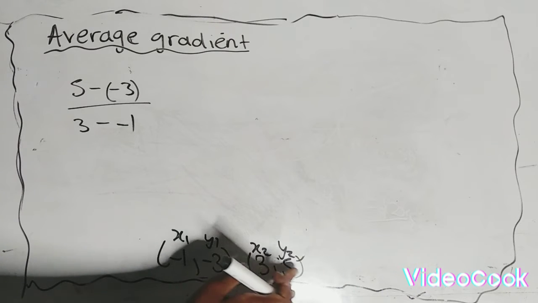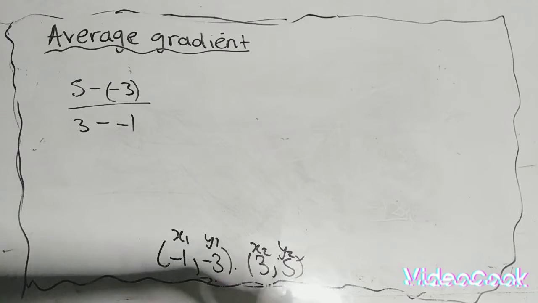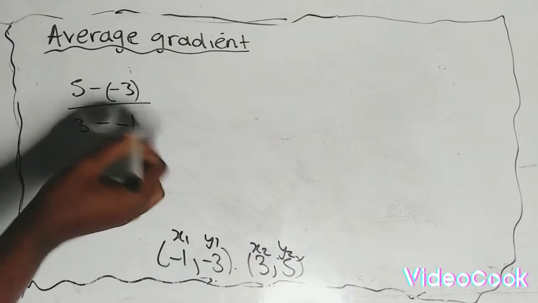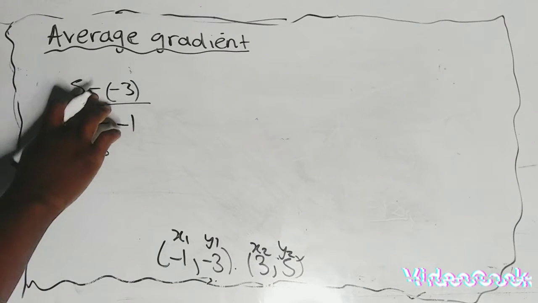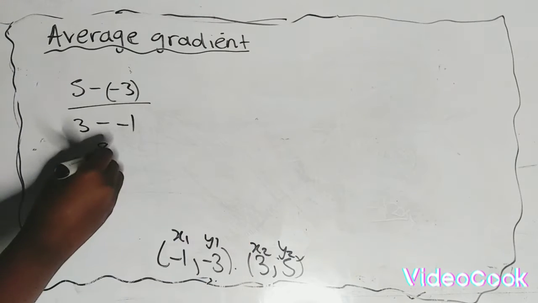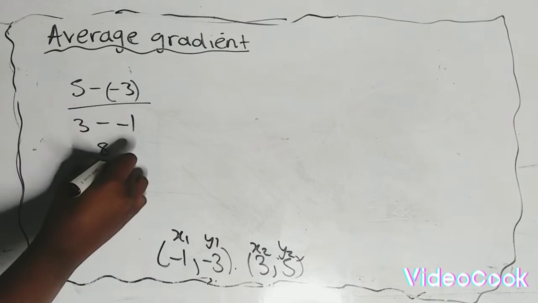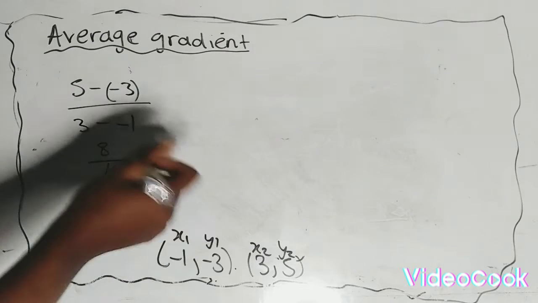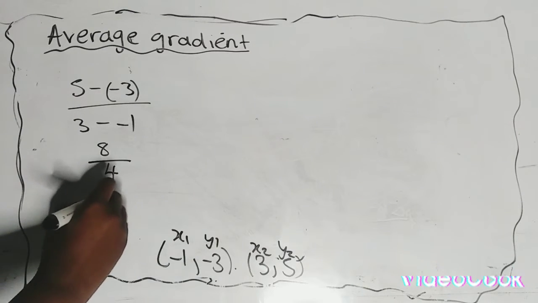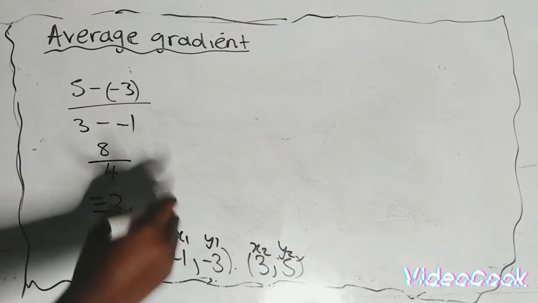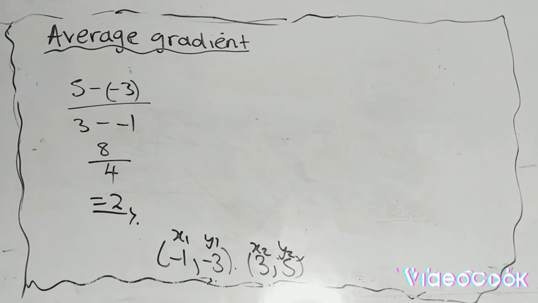If that's your x2, automatically that one should be your y2. So 5 minus minus 3 is going to be 8, because a negative and a negative will be positive, over 3 minus 1, which is 2. Wait, it is 8 over 4, so our final gradient for this question is 2. That's our average gradient between x is minus 1 and 3.